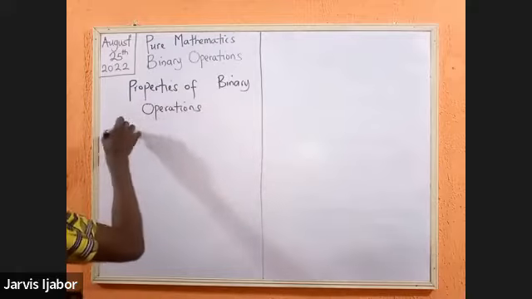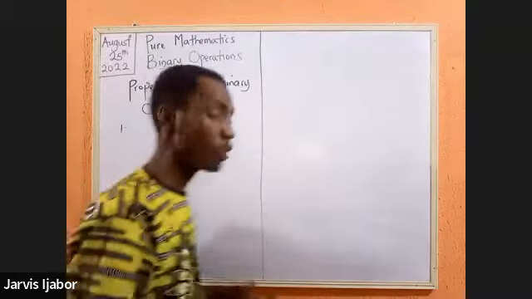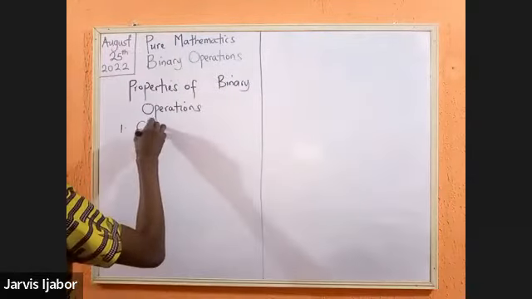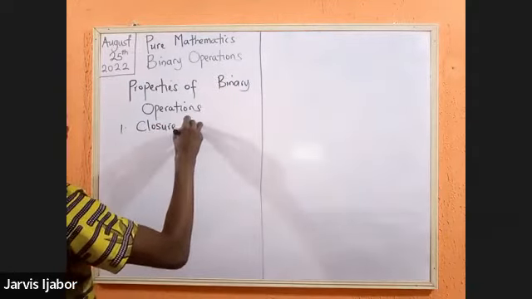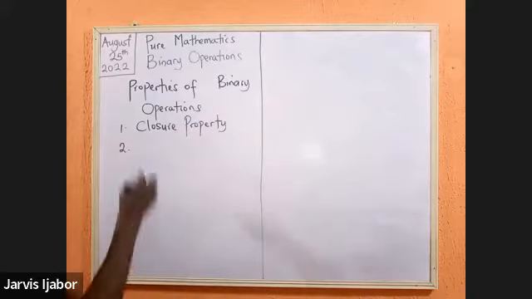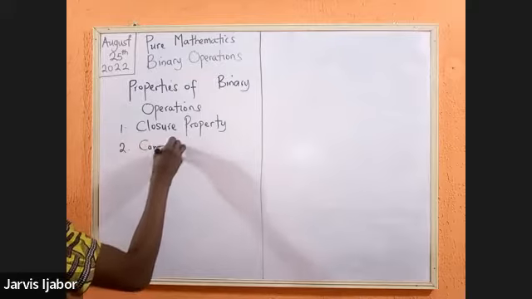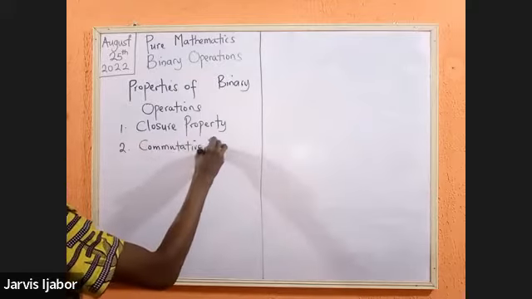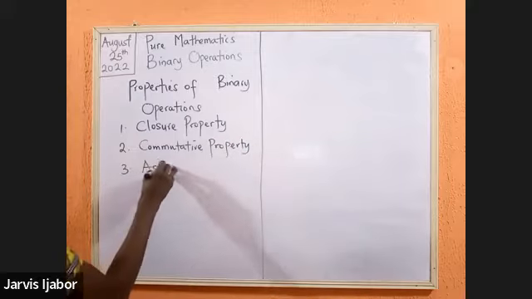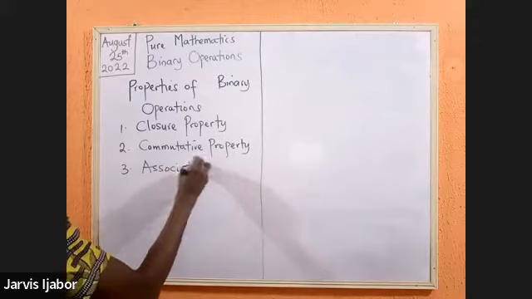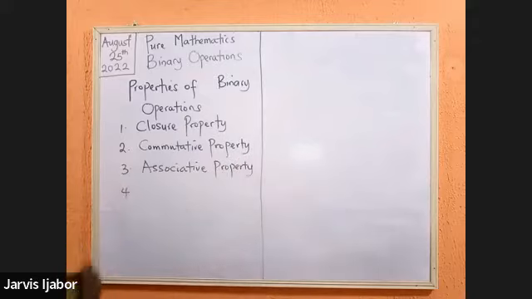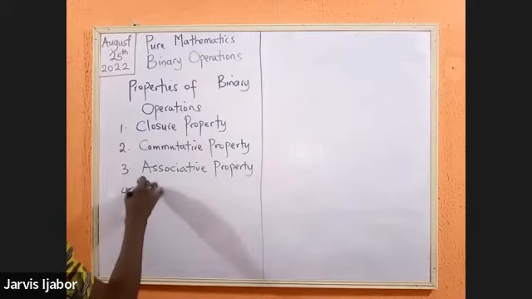The properties are essentially tests we carry out to see how some of these behaviors are obtained. Number one is what is called the closure property. Number two is commutativity, the commutative property. Number three is associativity, or associative property. Number four is the distributive property.